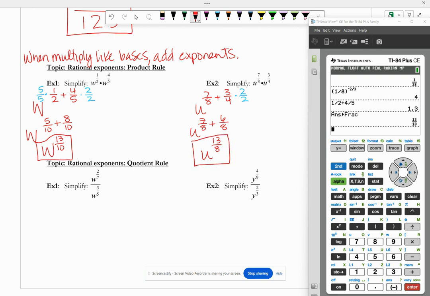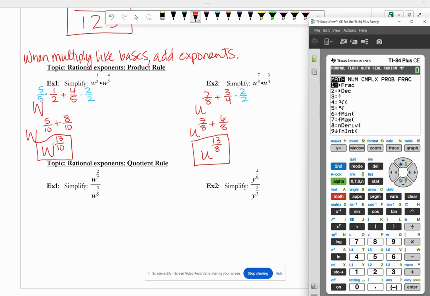And if I did it again in the calculator, 7 divided by 8 plus 3 divided by 4, enter. I get a decimal, math frac. It'll give you that same fraction. So with product rule, we add the exponents.